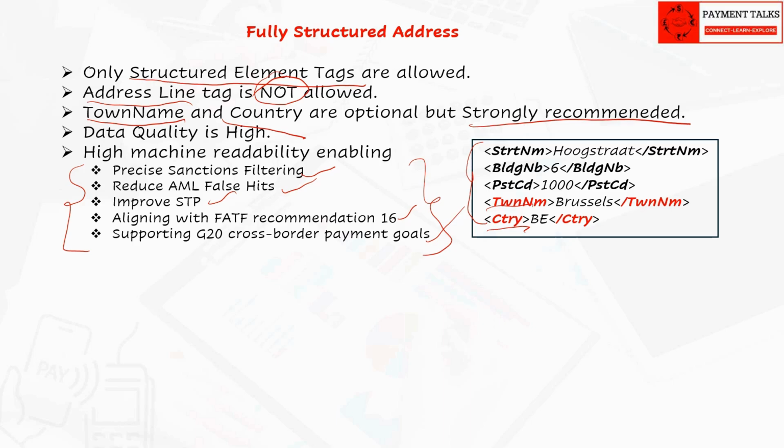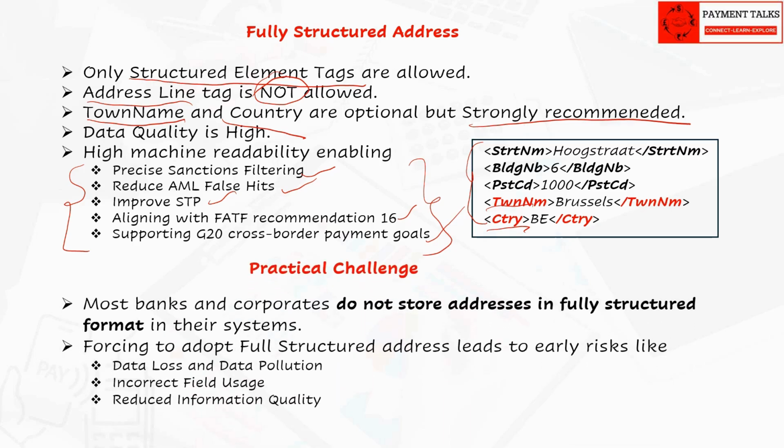But there is a practical challenge to adopt the fully structured address immediately. PMPG identified that most banks and corporates do not store addresses fully structured in their systems. Forcing full structured address too early would risk data loss, data pollution, incorrect field usage, reduced information quality, among many other, defeating the very purpose of structured address.